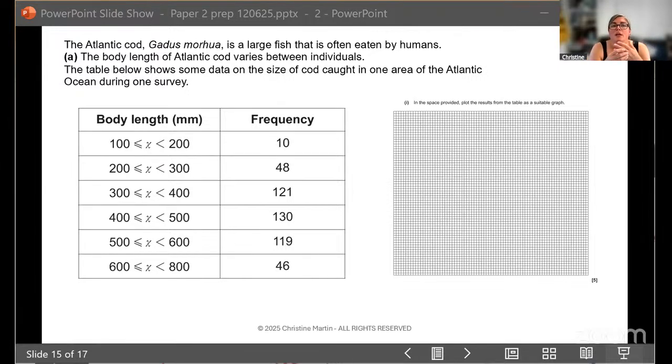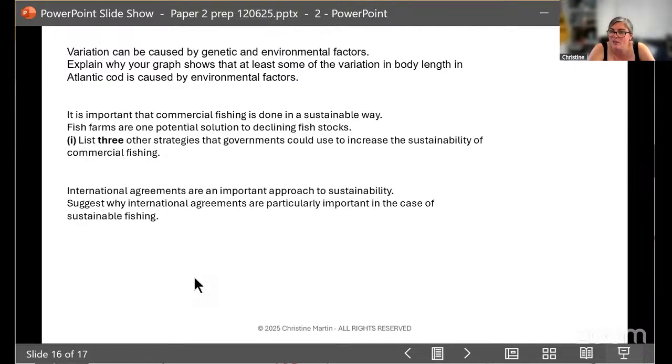So they wanted you to take your knowledge about the fish, and there was one question about commercial fishing, which was a 3 marker, and then one question later on, which was a 1 marker. So they're assessing that part of the course based around lots of different areas.